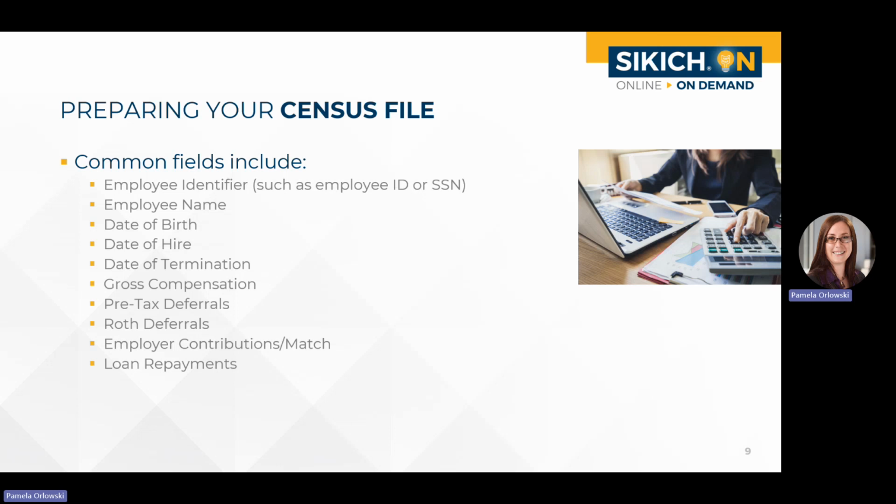And then the different types of deferrals that are in place. So pre-tax and Roth, it could be broken out additionally by catch-up contributions. And then there will be fields for whatever types of employer contributions you have. If there's a standard match that happens with payroll, as well as a profit sharing contribution at the end of the year, they'll want all of that information. And usually they like to see loan repayments.